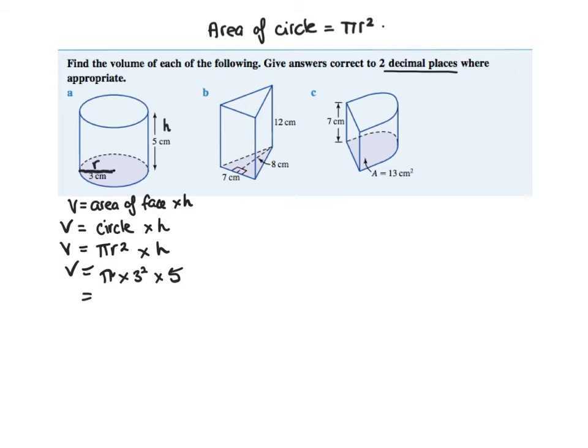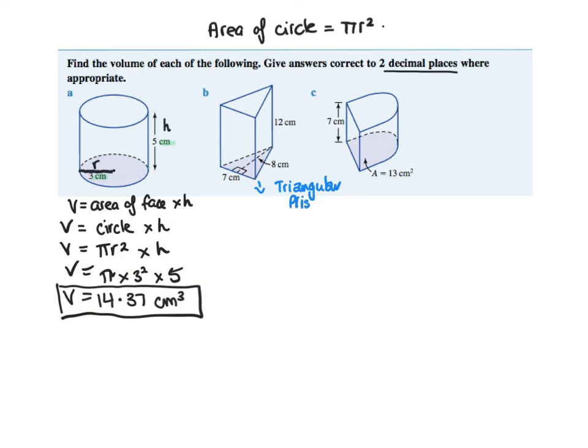Once again, I should have made sure that the units are all the same, which they are. Okay, so we end up with the volume equaling 141.37. Now there's centimeters and it's cubic. So remember, volume is given in cubic units. So there we go. All right, let's have a look at this one. Now this one is a triangular prism.